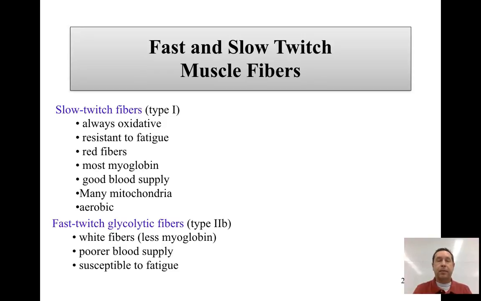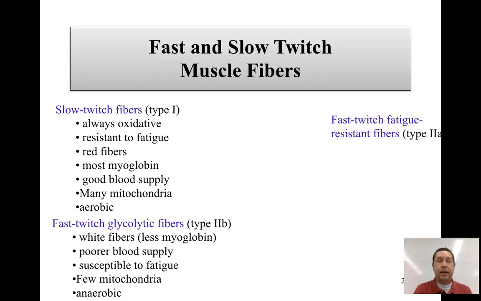So they're more susceptible to fatigue, fewer mitochondria, but they can contract much more quickly, much more strongly than the slow twitch fibers, which are going to contract more slowly, not as strongly, but can contract for a much longer period of time. So these are anaerobic fibers much of the time.